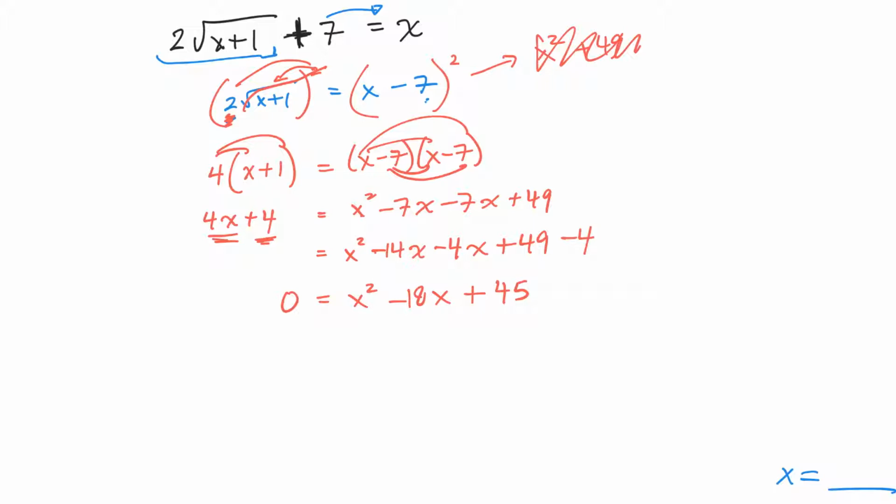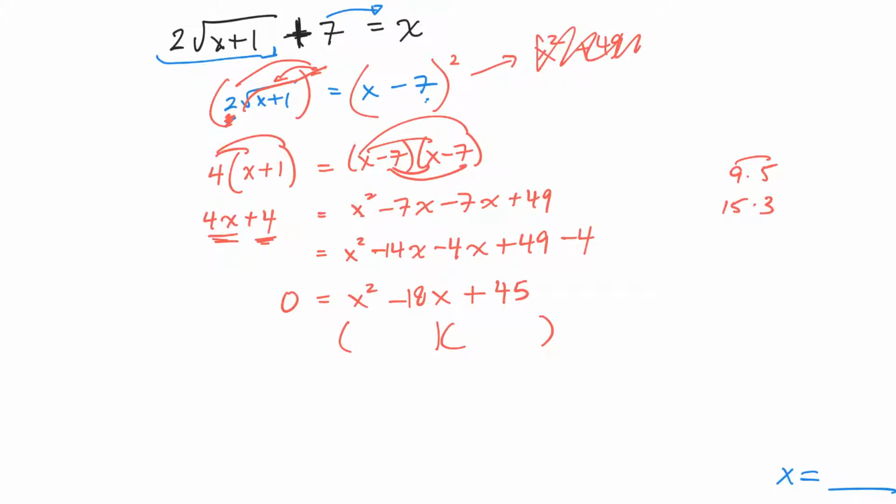So it's a quadratic. Now I can use all my quadratic tools to help solve that. I could graph it and find the x-intercepts. I could use the quadratic formula, or I'm praying that a bit of factoring will work. Now 45, that's 9 times 5. When you add those, it's not 18. What else? 15 times 3, that's 45.